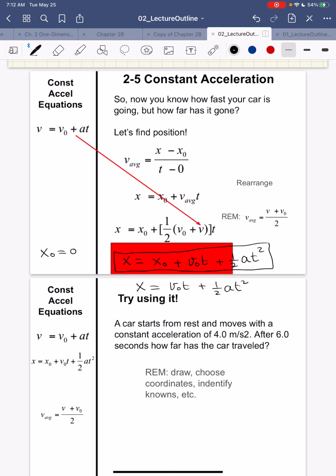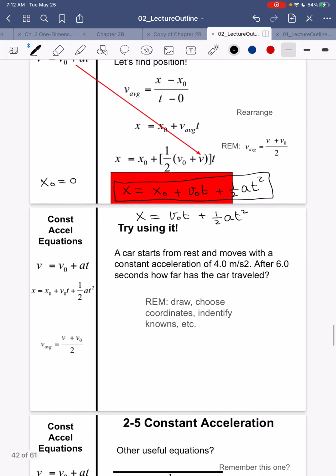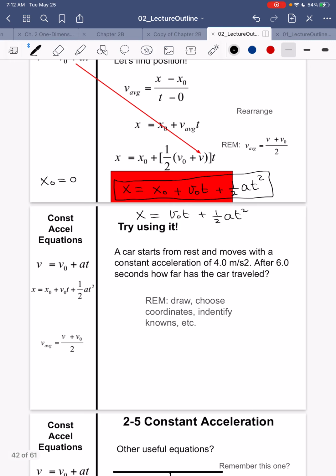Now I want to say that all these equations are equivalent. One of them is not more important than the other, but sometimes I need to choose between them, and most of the time only one of them is going to work, and this is the reason that I will use this one rather than the other one.